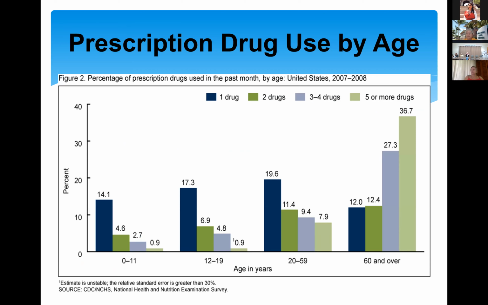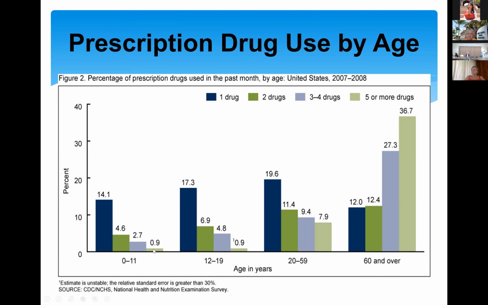So this graph shows you prescription drug use by age. Here, this is children, 0 to 11 years of age, 12 to 19. And then these are adults and middle-aged people, 20 to 59. And this last group is 60 and over. This first bar in dark blue is one drug. And then as we get over, it gets to 2, 3 to 4, and then 5 or more.